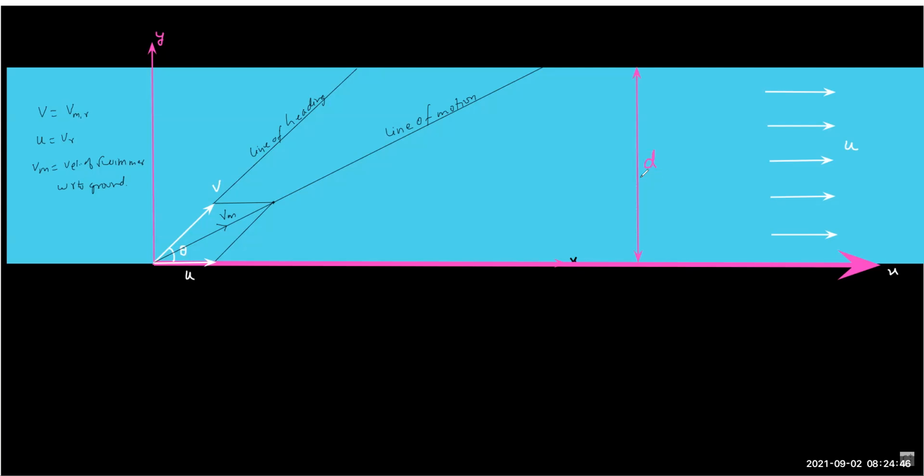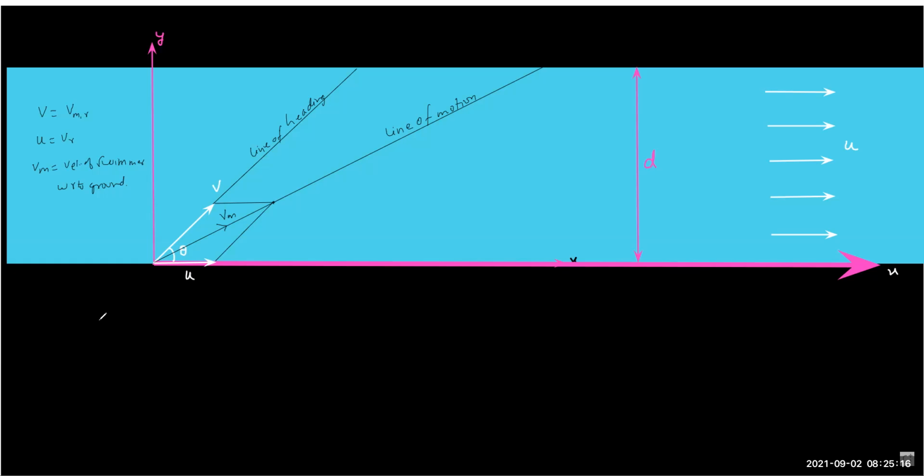Our river will not be a random shape; it will be a rectangular shape only, and the width will remain constant and be taken as d. There are a few questions that they will ask you.